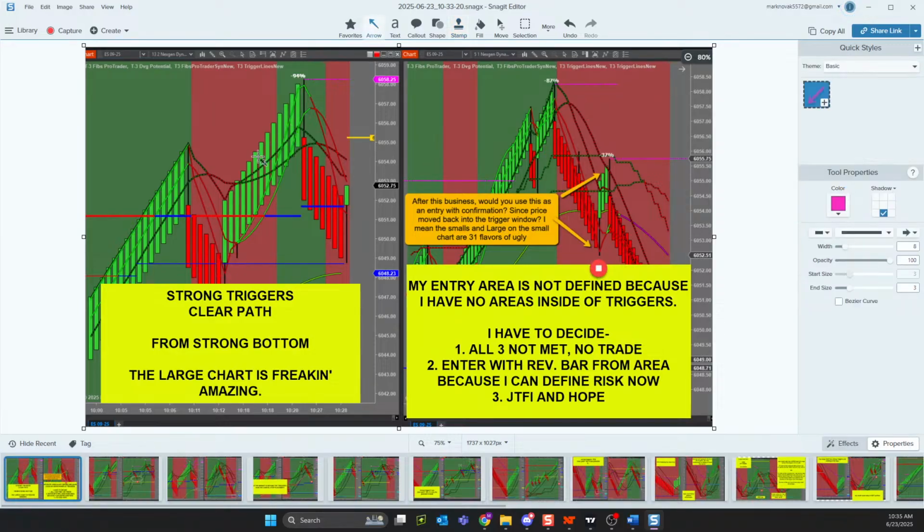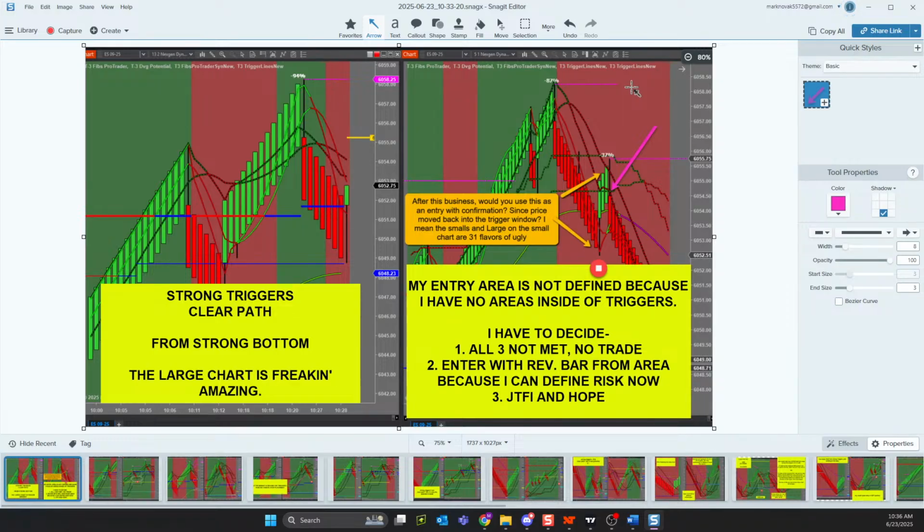He also understands, and Better Dad, you know this perfectly, which is why you're like, whoa, that's not a trade for me, is you're on the bad side of stuff, right? It tried to go up and it just went right back down, and this would be a loser. And when you examine your loser, what you have to say is I broke rule number 3. I willingly broke rule number 3.